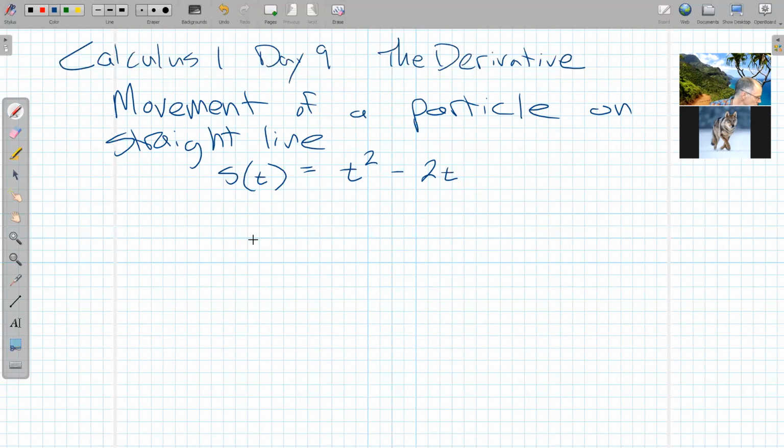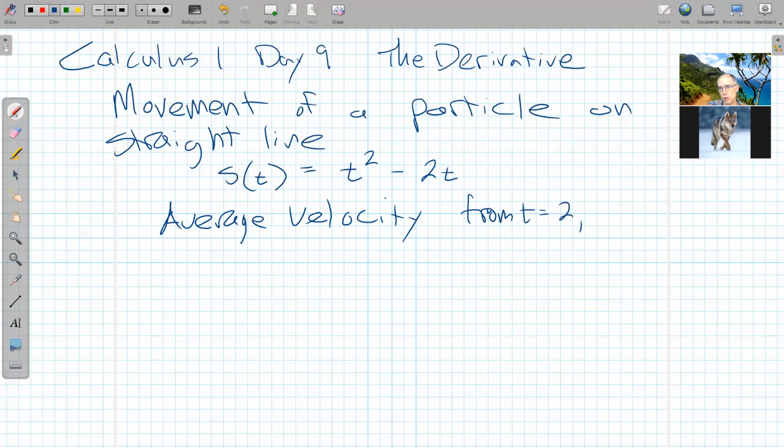And what we want to do here is find the average velocity from t equals 2 to t equals 2 plus h, and h is just some arbitrary small jump in time there. So that's going to be step A of this problem, and then step B, we're just going to play around with some different h's.